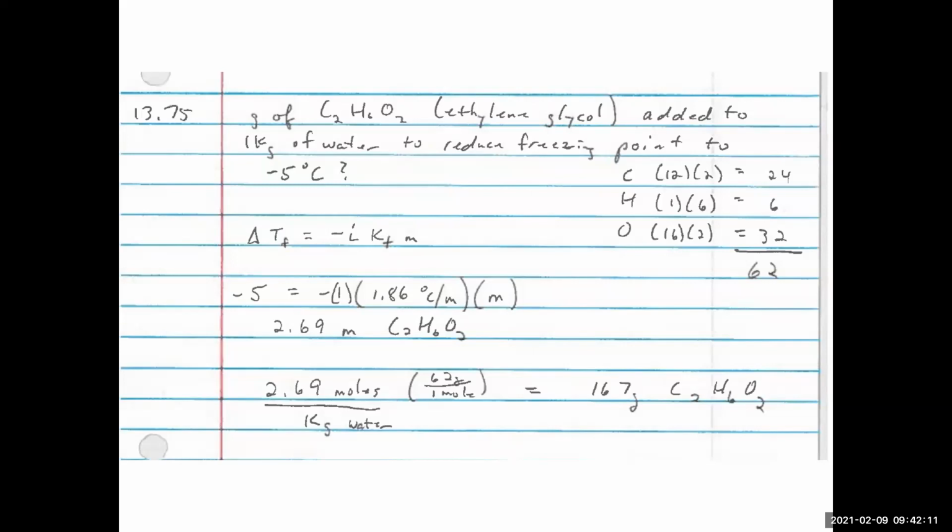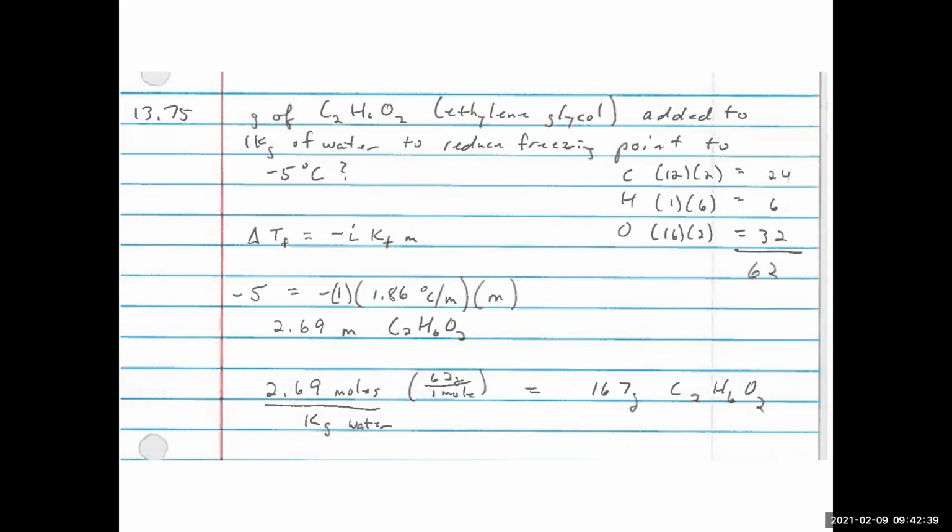So that means our van 't Hoff constant, i, that value is 1, because it's not a strong electrolyte. This 1.86 degrees C per molal, that's out of the table. We would be given that when we look it up in the table. That's the constant. And then we were told we had a 5-degree temperature change, minus 5 there.